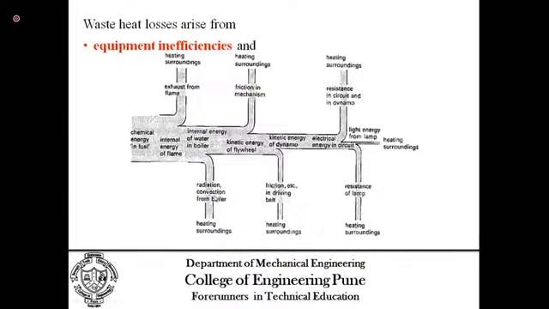These losses are on account of the system inefficiency. If the system were 100% efficient, then whatever the energy input, it would be the energy output, which is highly impossible. So the purpose is to increase this efficiency and reduce these losses.